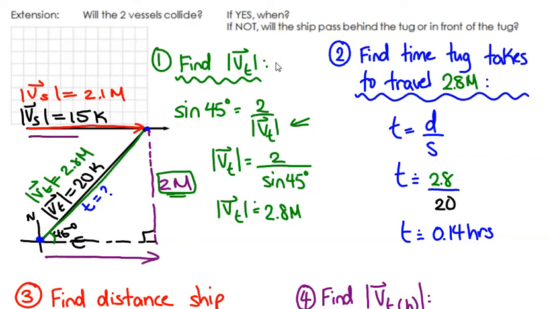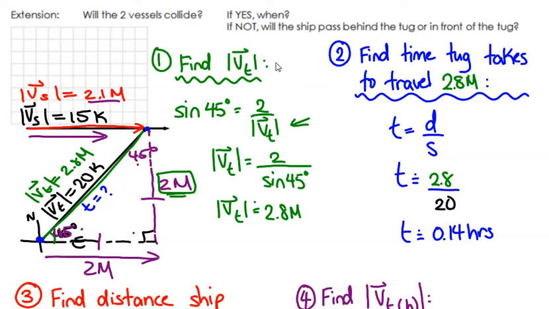Because then I can compare it to this guy and know if they meet each other. So if this is 45 degrees, doesn't that make it an isosceles triangle? Because you've got your 45, you've got your 90, that should be 45 to make 180. If this is an isosceles triangle, doesn't that mean that this is 2 nautical miles as well?